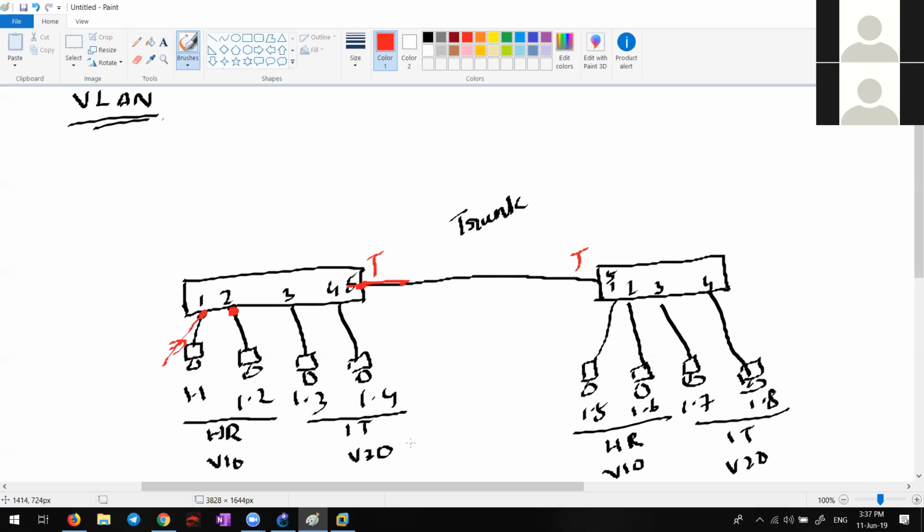What is the function of native VLAN? No tagging, right? Untagged frames. Native VLAN sends untagged frames through a trunk link, correct?